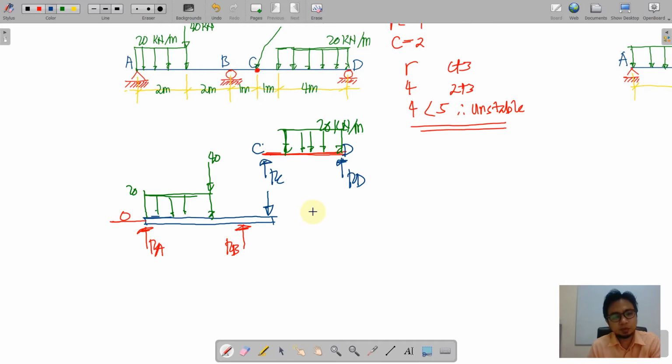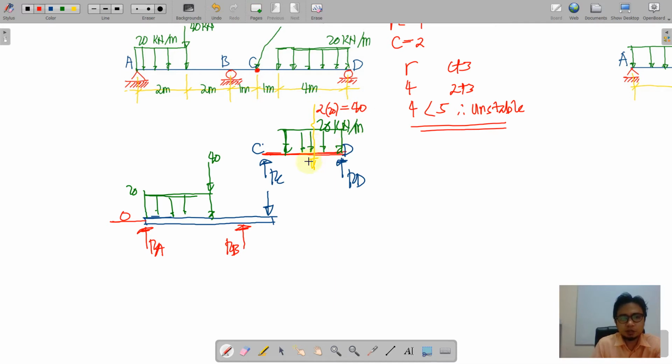Okay, so moving on, of course the most convenient here is this CD. So we are going to express now our distributed load in terms of its resultant. So this is 2 times 20, this is equal to 40.